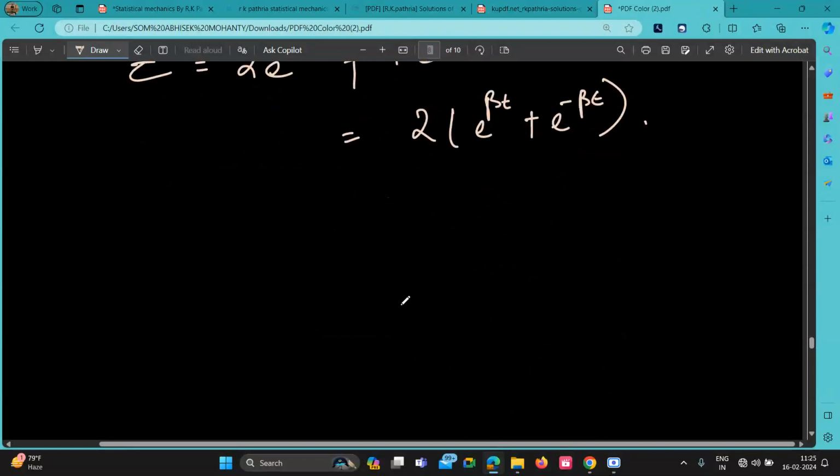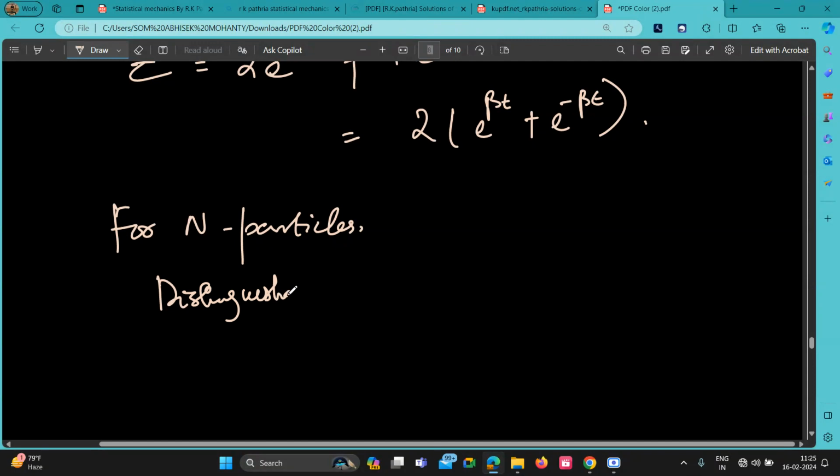For n particles, for example, if this is distinguishable, Zn will be Z1 to the power n.